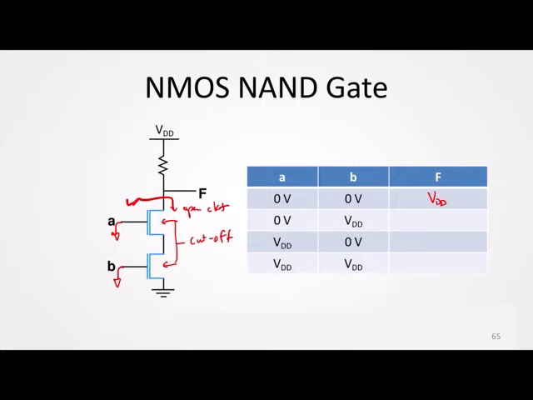So, that means that you have to turn on both A and B na NMOS, which means both VDD, yung inputs natin, bago ka lang magkakaroon ng 0 volts at the output. So, for the rest of the combinations of inputs, the output would be high. Okay, so that's our F, value of F here if VDD is 5 volts.